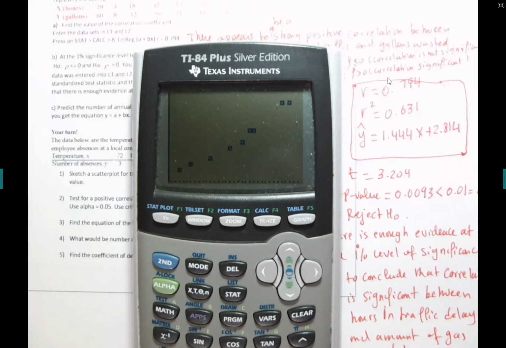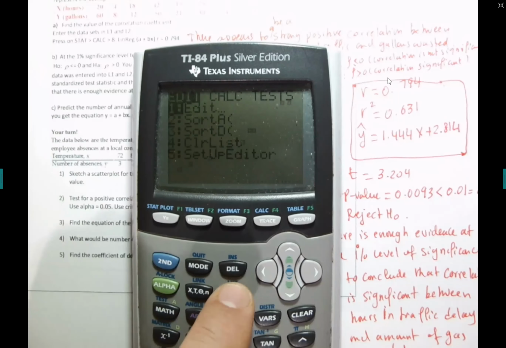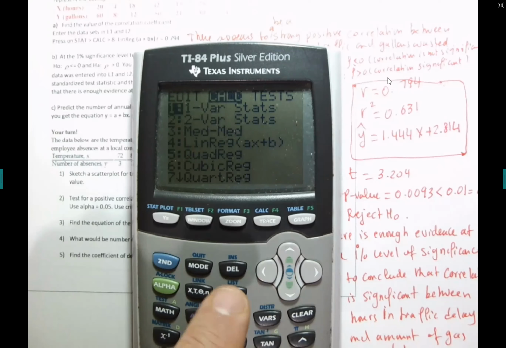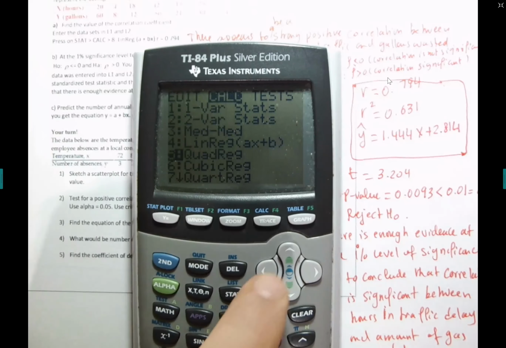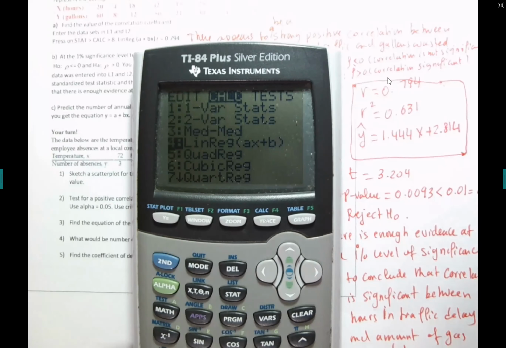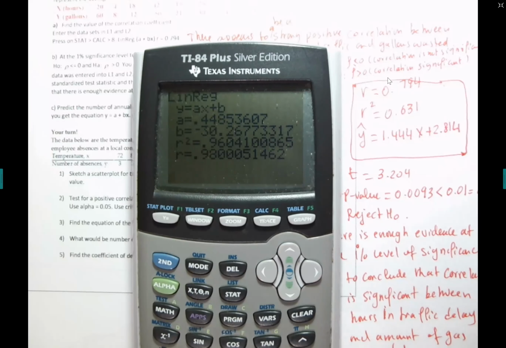Now he wants R. To find R, you just go to stat, calc. Oops, not number 5, number 4. Oh, it's very close to 0.98.